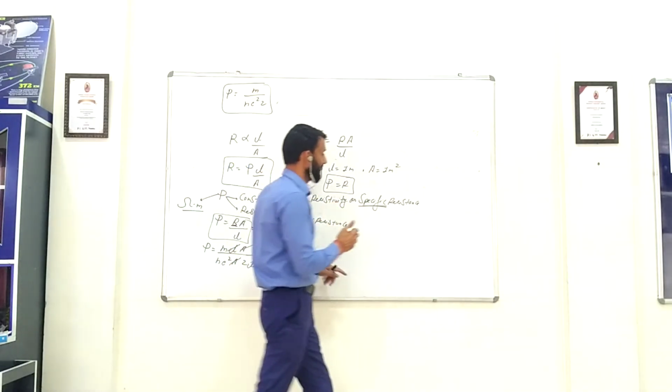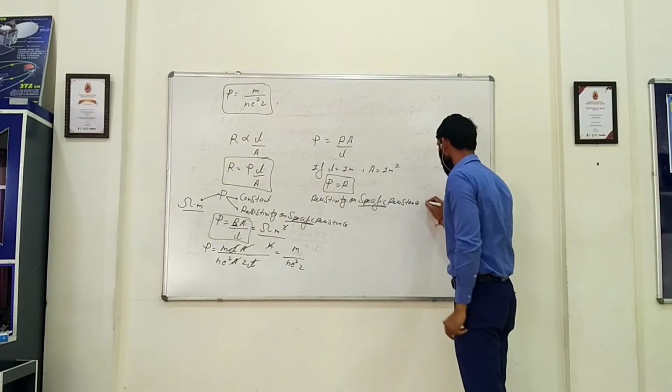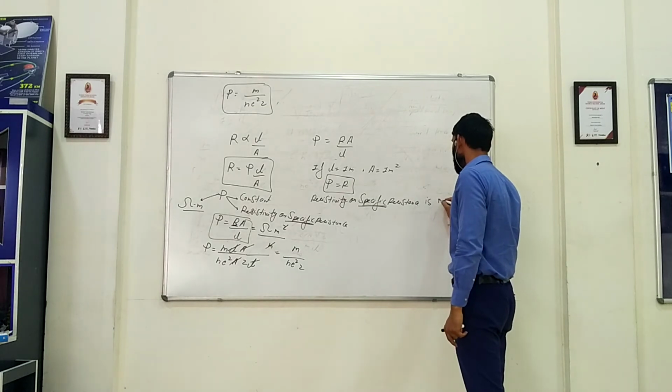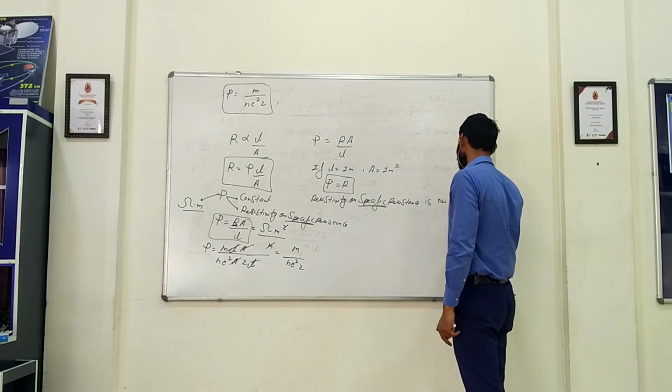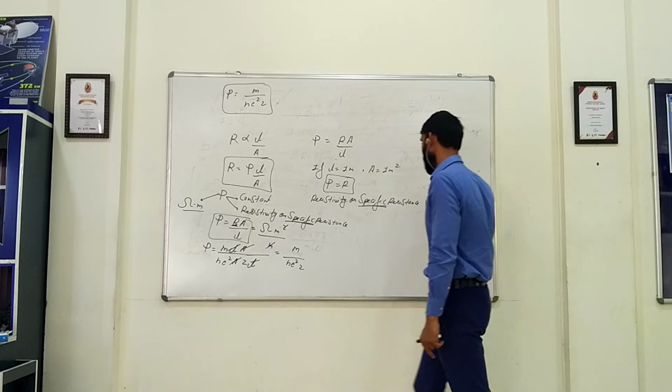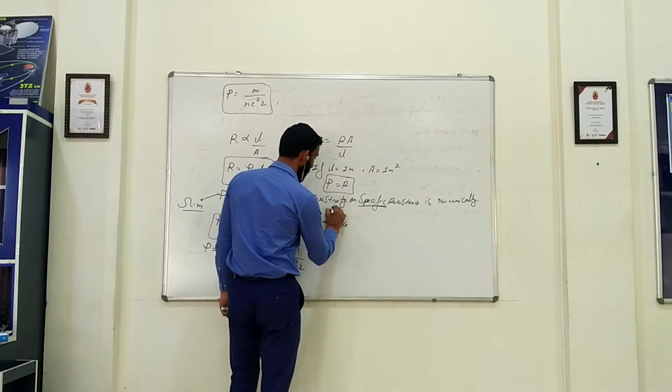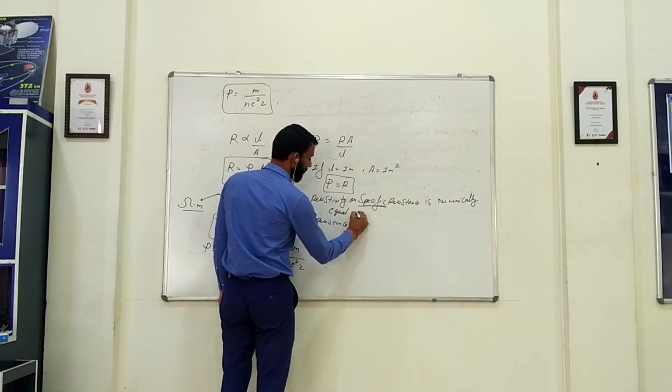So resistivity or specific resistance is numerically equal. Numerically equal means in number. In number, numerically equal to resistance.